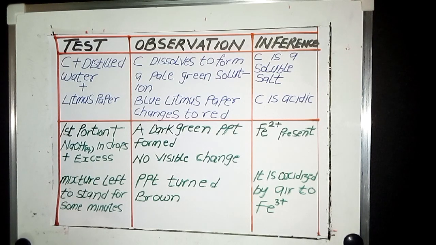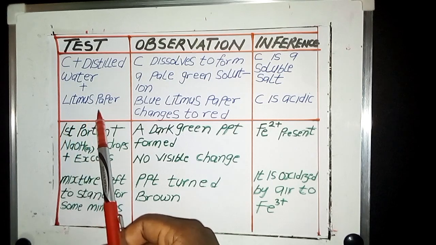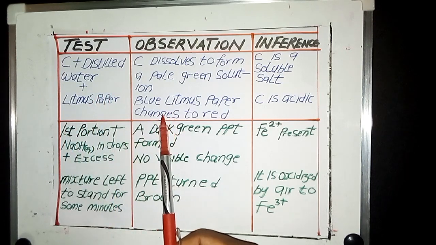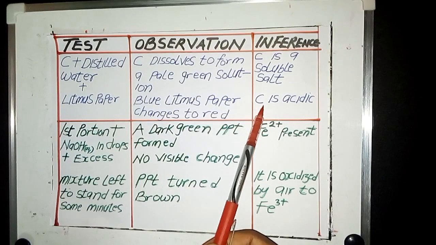From that formula, you can sense that it is formed from hydrochloric acid and a weak base, that is iron hydroxide, and so you expect it to be acidic. And so when you test this solution with litmus paper, you expect blue litmus paper to turn red. So that will indicate that the salt is acidic. So here I said C is acidic.